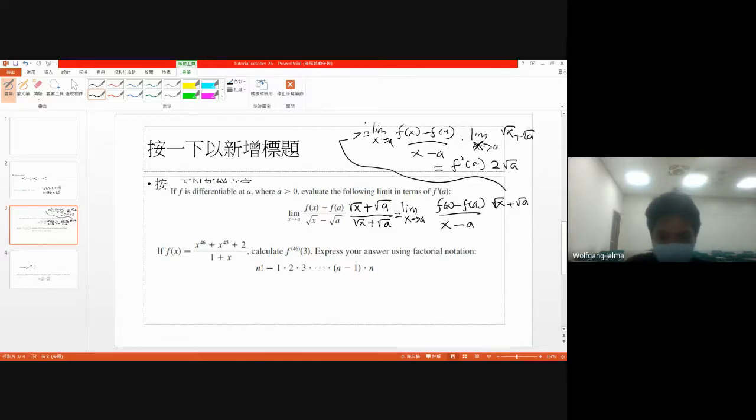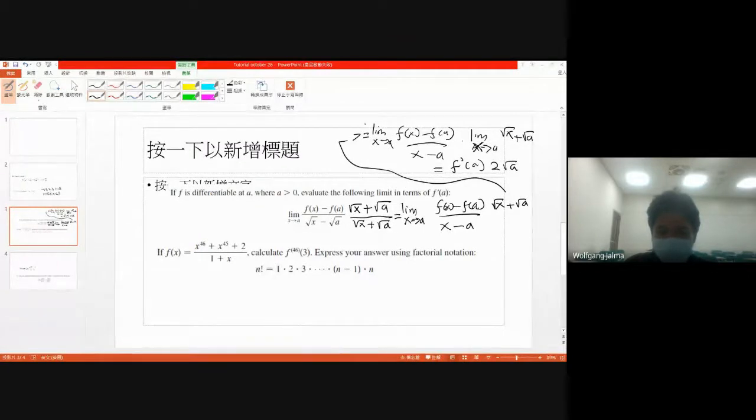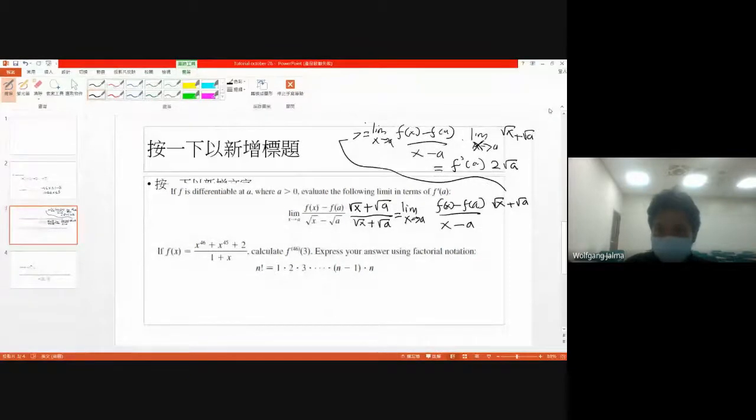So far so good. And believe it or not, the second problem is actually not harder than the first one. So let us do this. So this one is equal to what? x to the power of 46 plus x to the power of 45 over 1 plus x, plus 2 over 1 plus x, right?